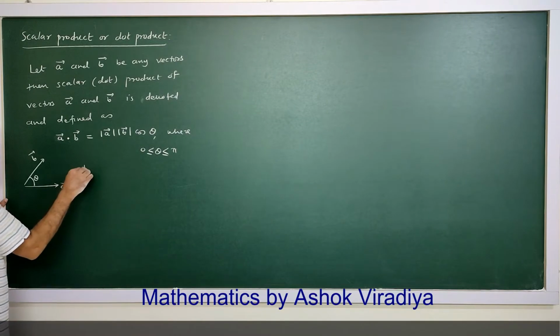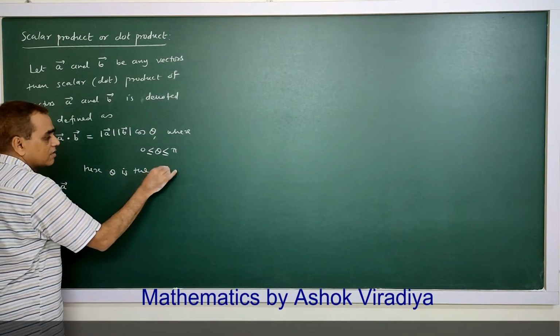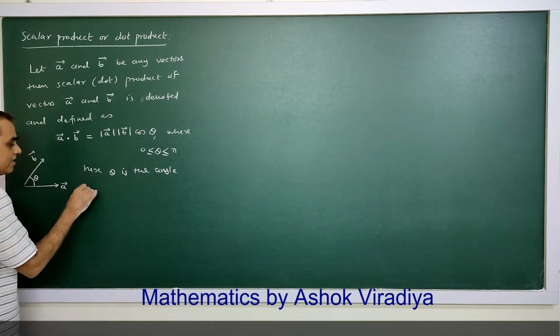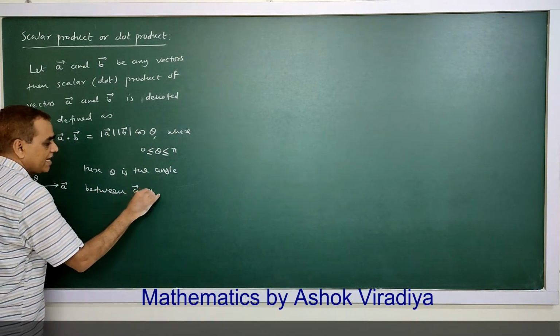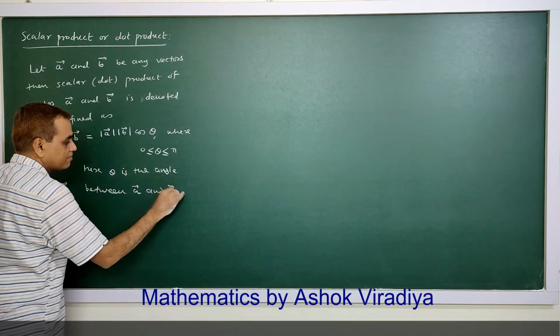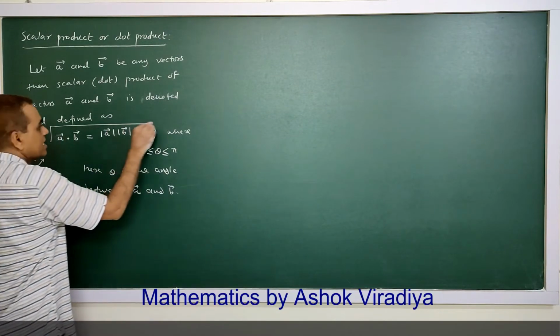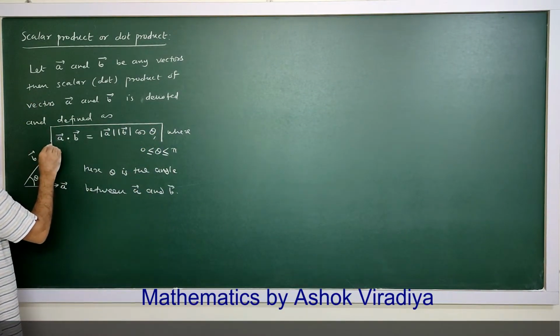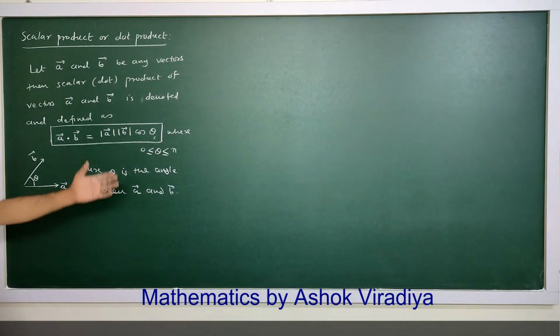So theta is the angle between vector A and vector B. So this is the definition: A bar dot B bar is equal to magnitude A into magnitude B into cos theta.